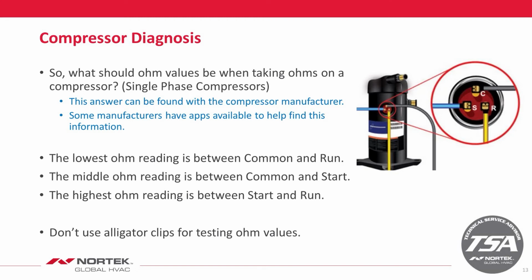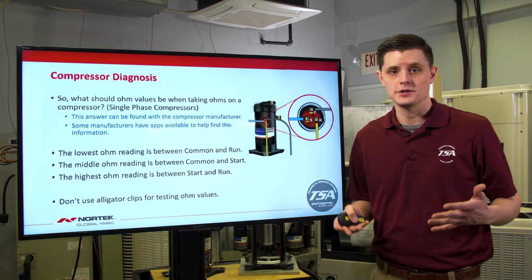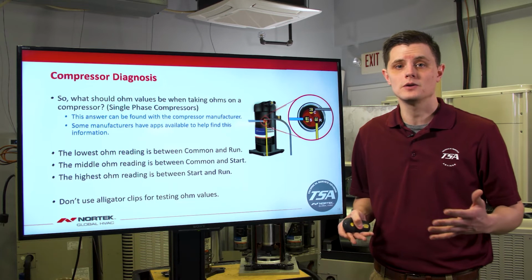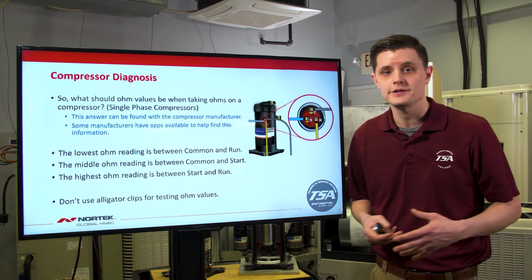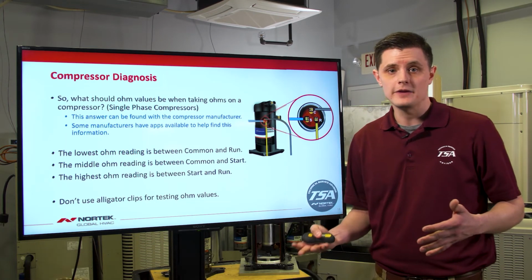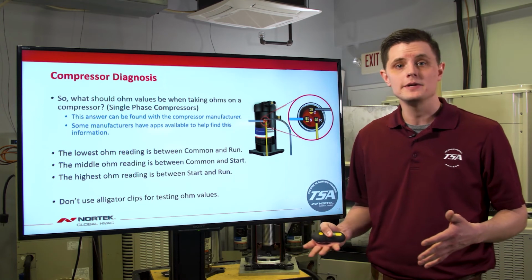Now, when it comes to your common, start and run terminals on the compressor, we get questions in tech about this as well. Your lowest ohm reading is going to be between your common and your run terminal. So your run winding is going to be your lowest ohm value on your compressor. Your second value, that's going to be higher than that, is going to be your start winding.